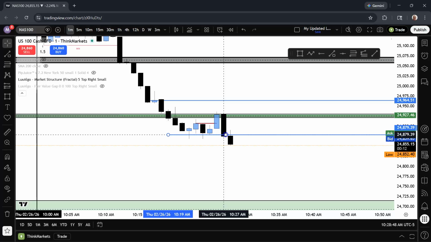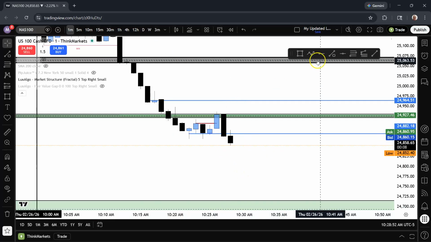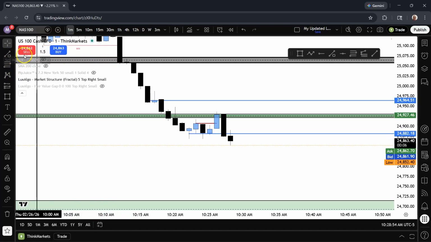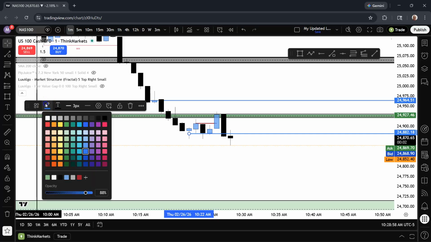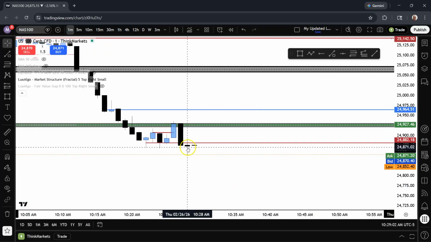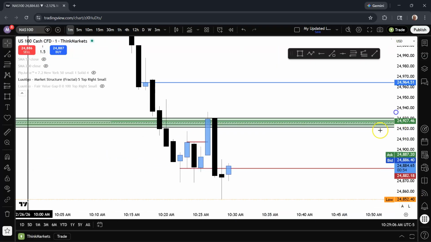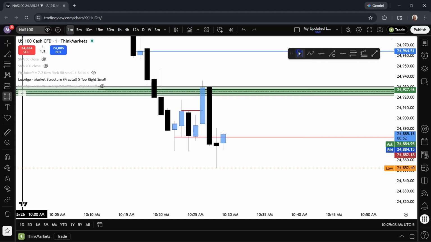It broke another low right there. Make it red. Alright, so here's a doji candle. Let's mark it up.